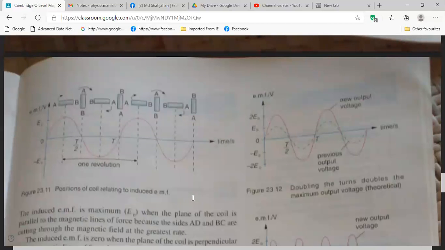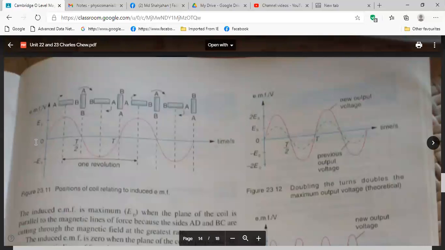Both the graphs are only this one, only the left side one, not both graphs. You must show 0, then E0 and minus E0, maximum positive and maximum negative, so that we can see it is alternating EMF, right?